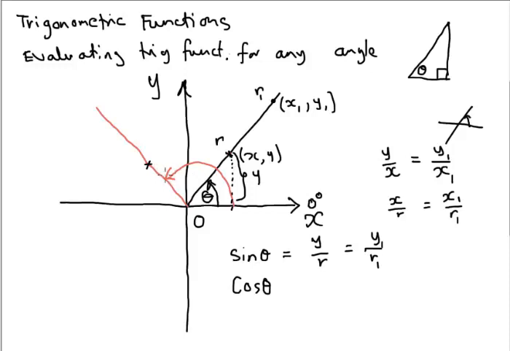So we just talk of x and y, and we define our sine, we define our cosine. So our cosine now is going to be x, which according to the old language of right angle trigonometry will be adjacent to the angle over the hypotenuse. So we get this x over r, which is the same thing as x1 over r1.